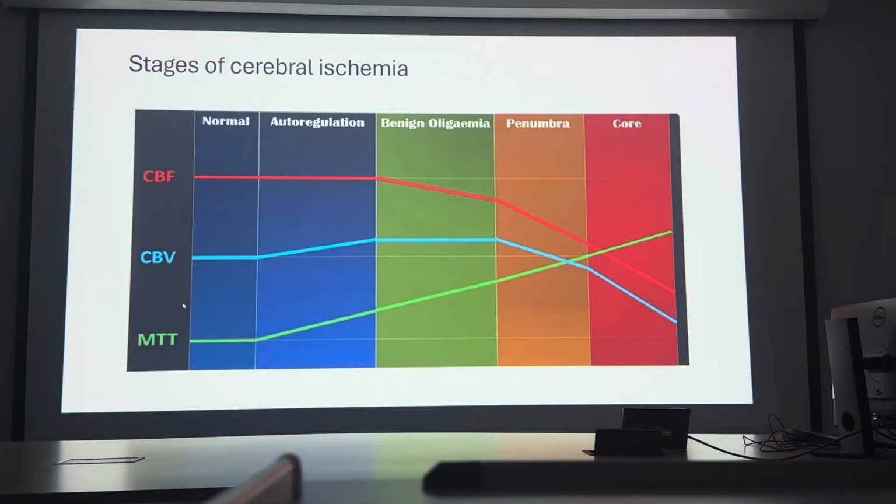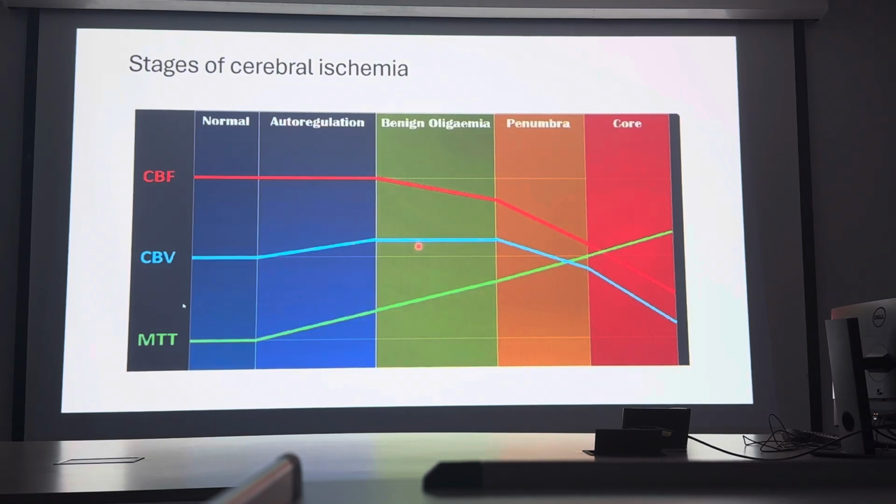This is a simple diagram to demonstrate these stages. If we consider the normal phase, cerebral blood flow, volume and time are normal. In the autoregulation phase, the blood flow is maintained, volume is initially increased due to dilatation, and time is increased secondary to the dilatation.